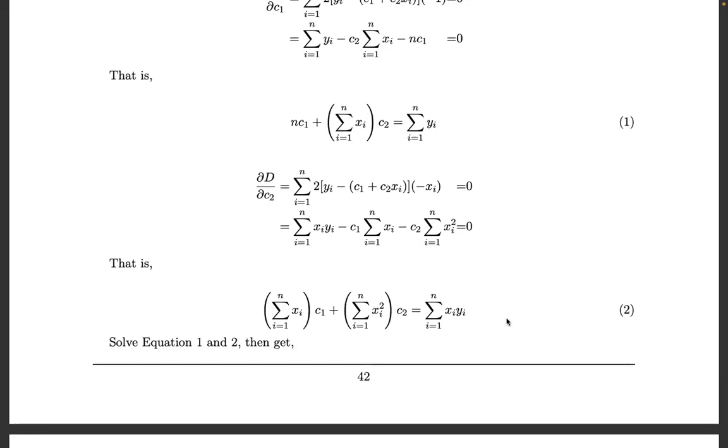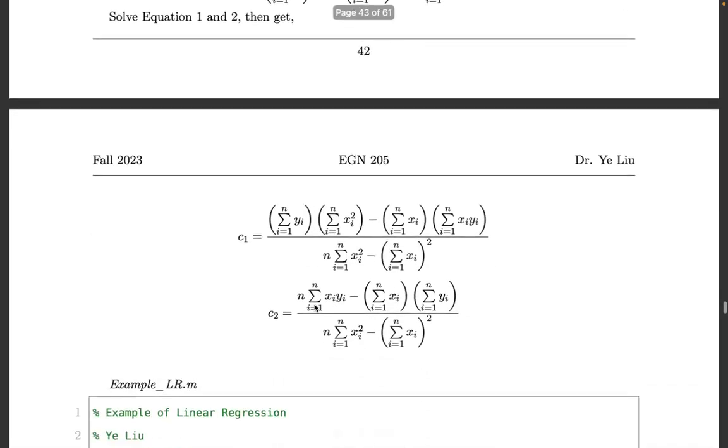Then we have equation 1 and equation 2, where c1 and c2 are variables, so this is a linear system. Solving these linear equations, we get the solutions c1 and c2. Their denominators are the same, just the numerators are different. For c1, the numerator is the sum of yi times the sum of xi squared, minus the sum of xi times the sum of xi yi, over n times the sum of xi squared minus the square of the sum of xi. c2 is similar.